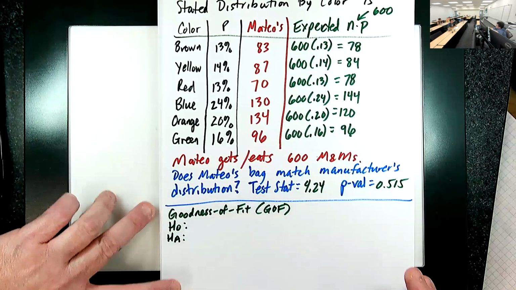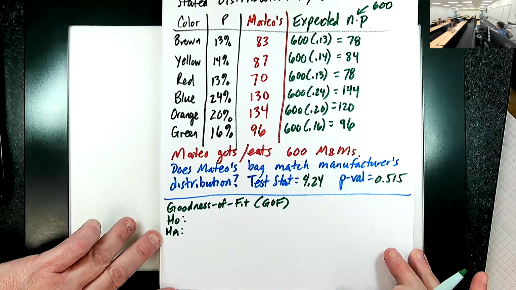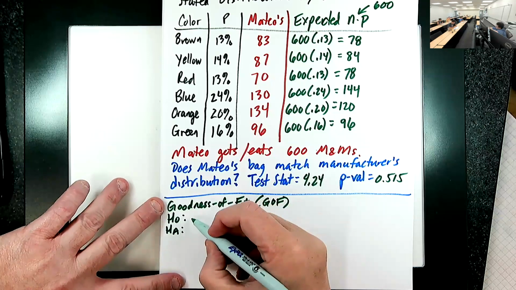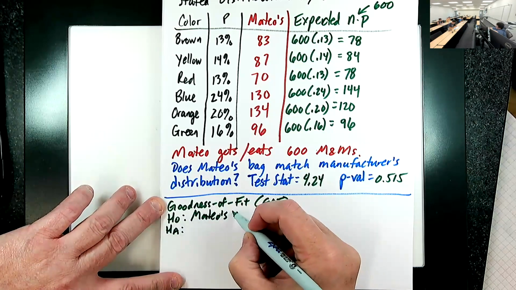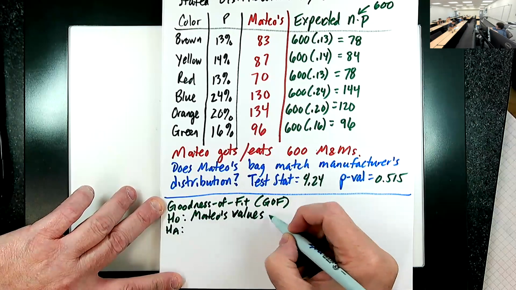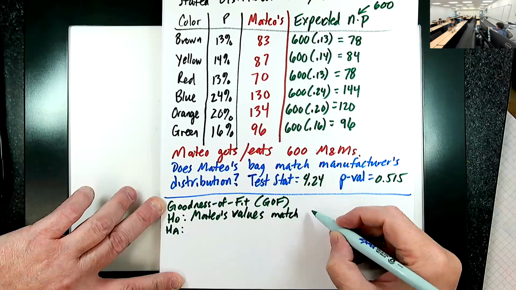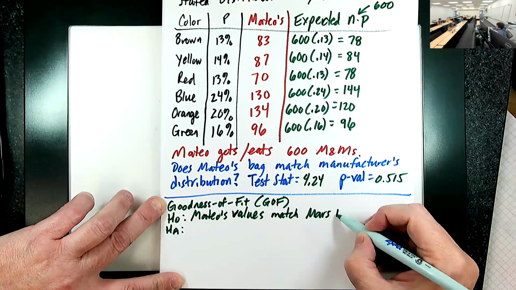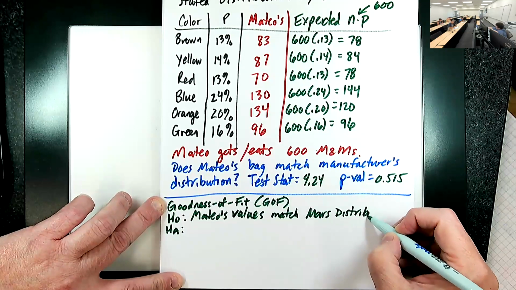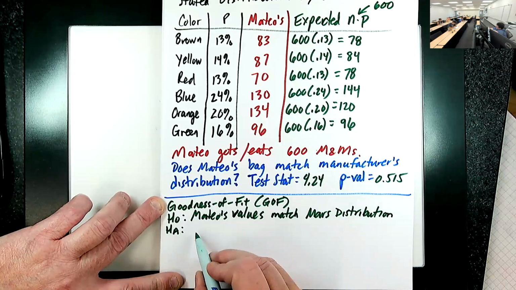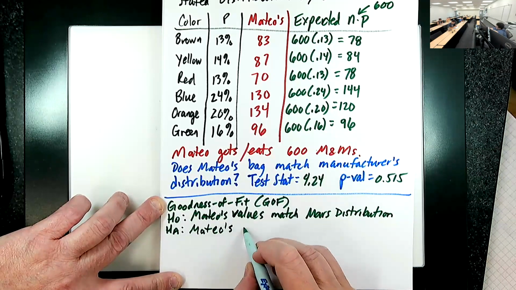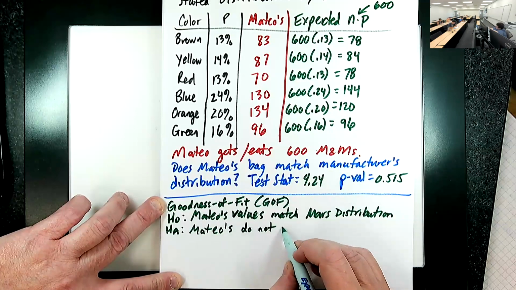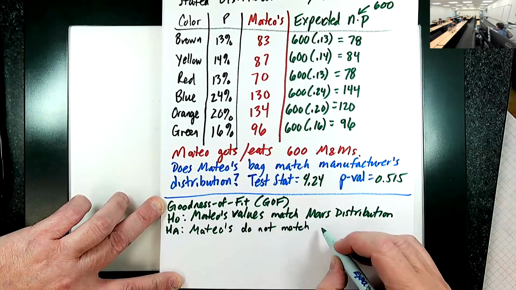H naught is, in this case, Mateo's values match Mars' distribution. And HA is Mateo's values do not match the expected distribution.